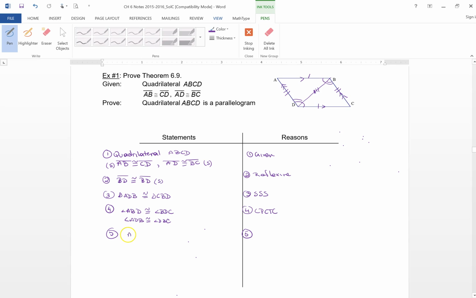So next I say AB is parallel to DC, AD is parallel to BC, because when alternate interior angles are congruent, it implies parallel lines. Finally, I say ABCD is a parallelogram because of the definition of a parallelogram.